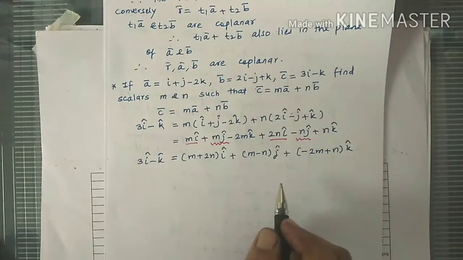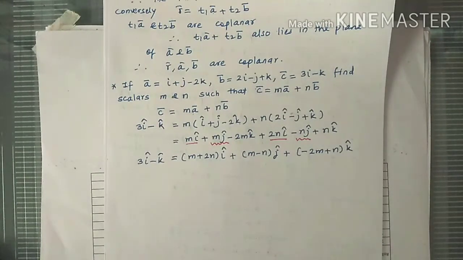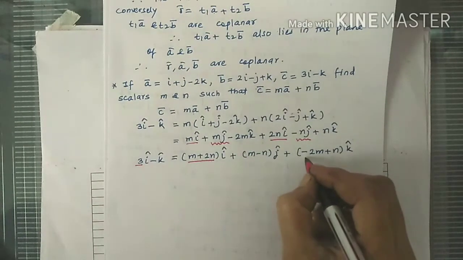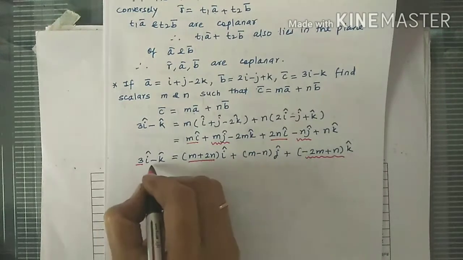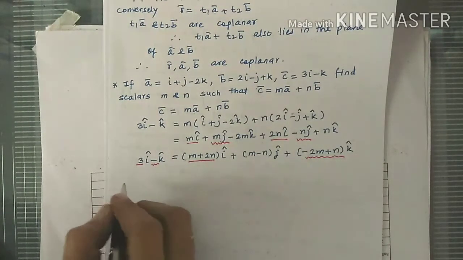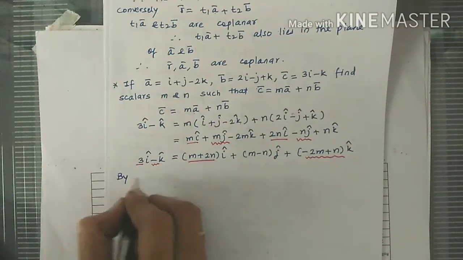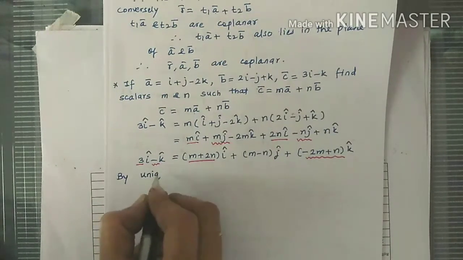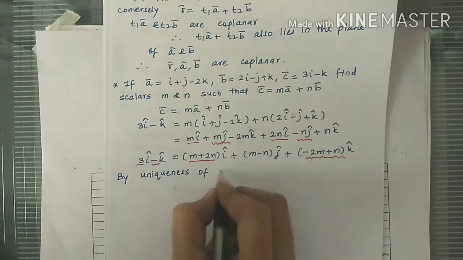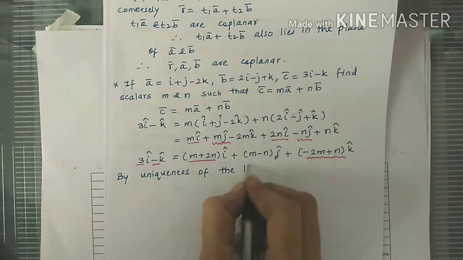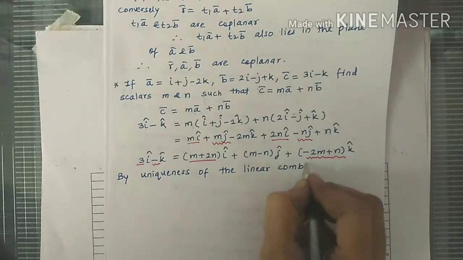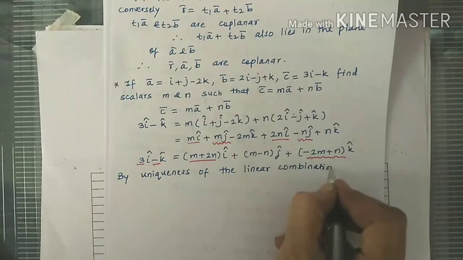That means the coefficients of i are equal, coefficients of j are equal and coefficients of k are equal. So let's equate those coefficients. By uniqueness of the linear combination, let's write the unknowns on the left hand side.